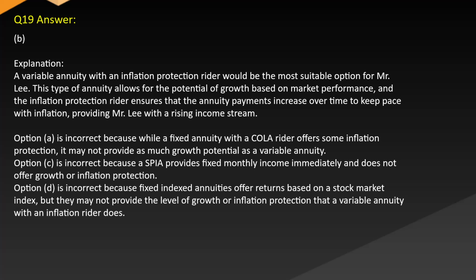Option A is incorrect because while a fixed annuity with a COLA rider offers some inflation protection, it may not provide as much growth potential as a variable annuity. Option C is incorrect because a SPIA provides fixed monthly income immediately and does not offer growth or inflation protection. Option D is incorrect because fixed indexed annuities offer returns based on a stock market index, but they may not provide the level of growth or inflation protection that a variable annuity with an inflation rider does.